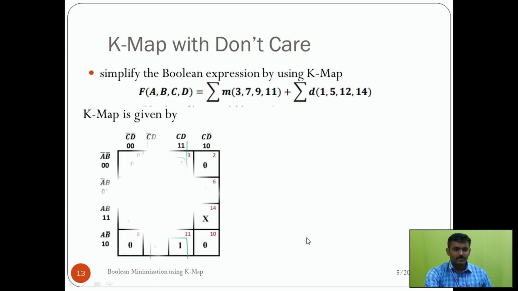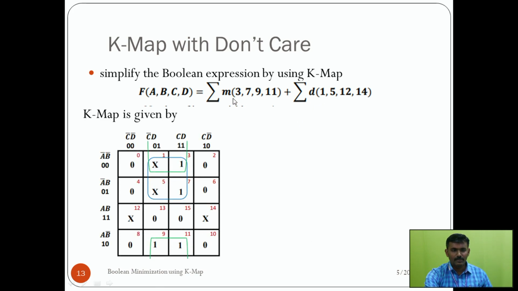So how do we simplify this with the help of a Karnaugh map for these minterms as well as don't care functions? The actual minterms are represented by 1, but don't cares are represented by x. X represents don't care. So the minterms 3, 7, 9, 11 are represented only by 1.